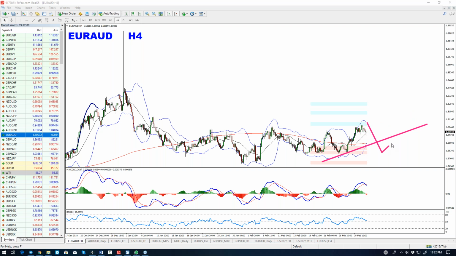If it manages to be broken, sell the rallies is the plan. If this trend line is holding and we push slightly higher, it would be an even better scenario, because ideally, this pair wants to clear this high.